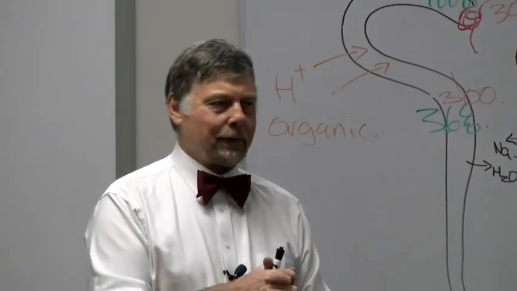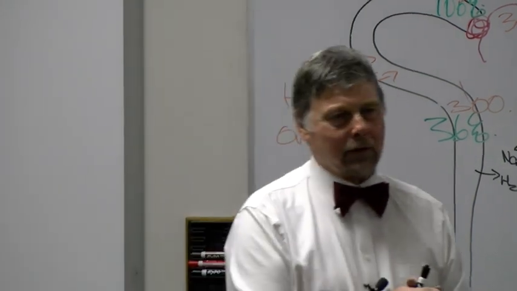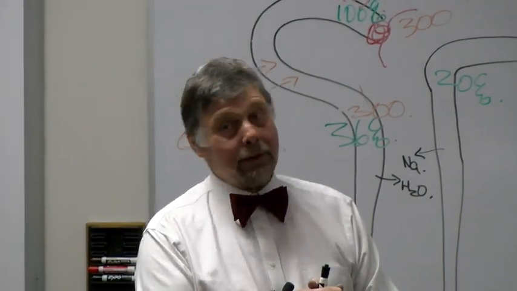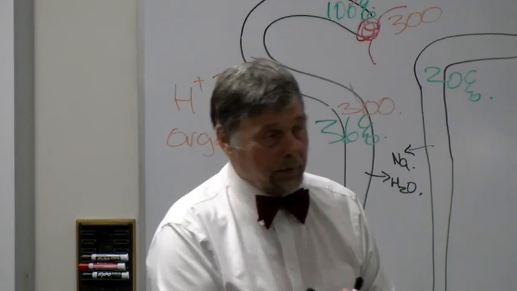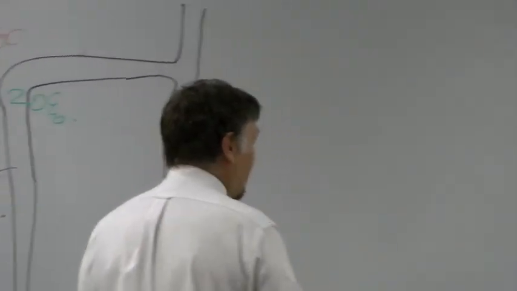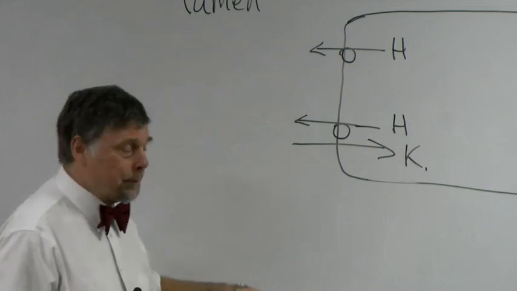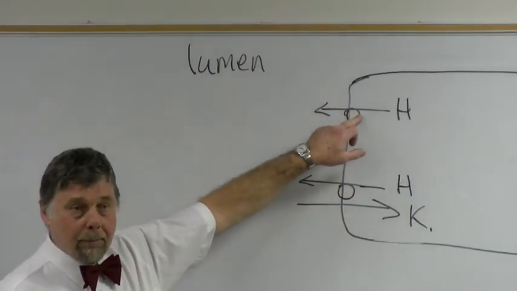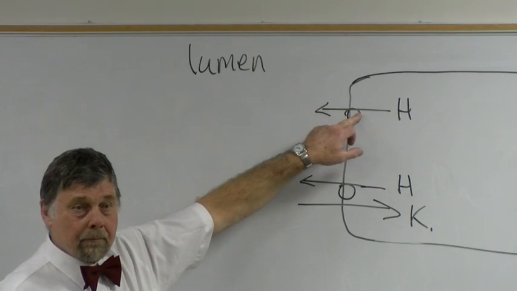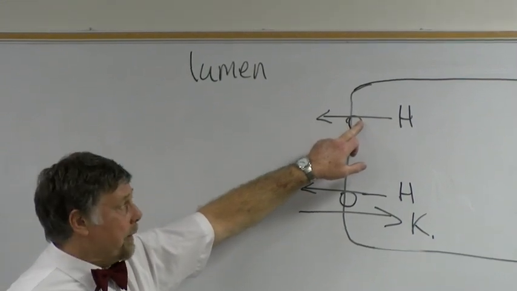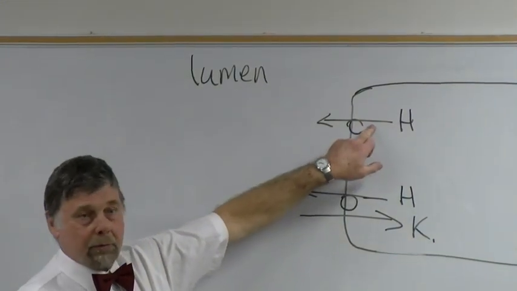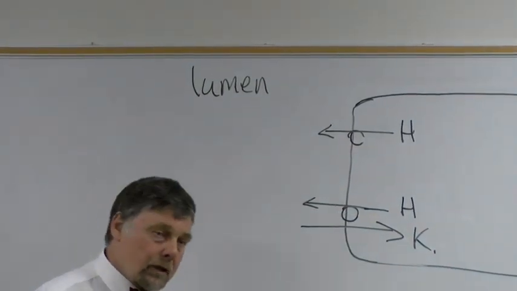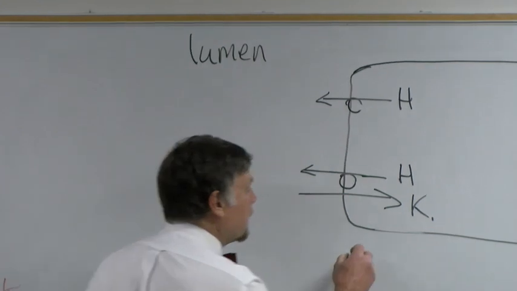If we eat a lot of potassium, we might need to get rid of a lot of potassium. But if we're potassium deficient, we might need to reabsorb some here. And so we have a mechanism set up that if we need to reabsorb potassium, we could turn this on in preference to that one. If we don't want to reabsorb potassium, we turn this one on in preference to this one. Okay? So it's kind of neat.